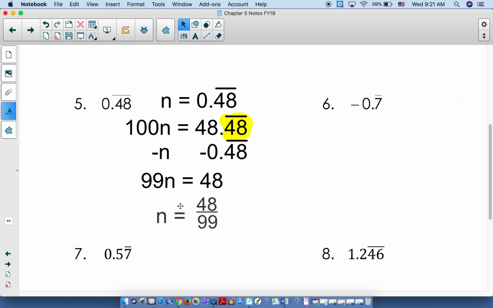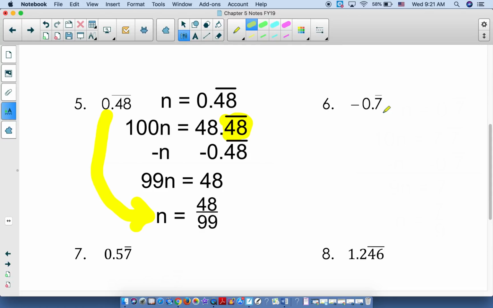And I can say n equals 48 over 99. The answer to this, 0.48 repeating, can also be written as 48 over 99. So writing a decimal as a fraction can be simple if they're terminating.